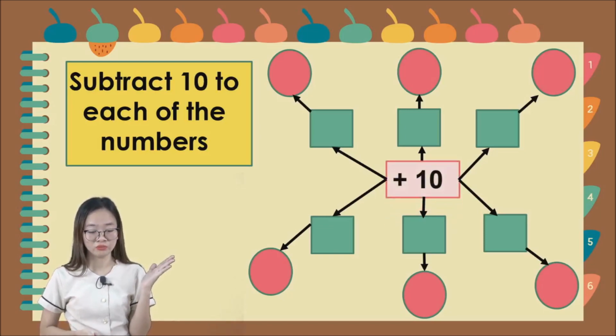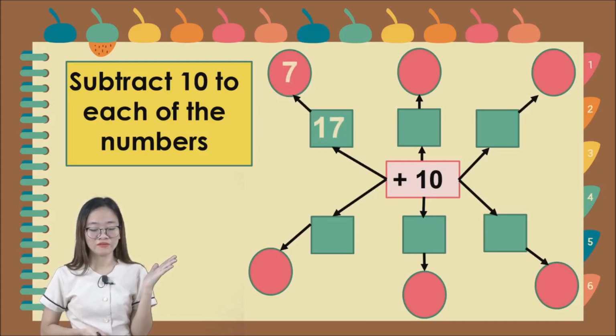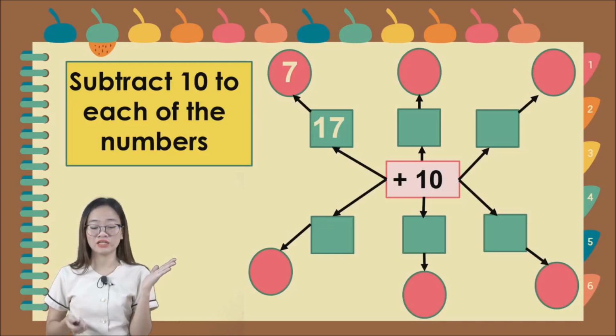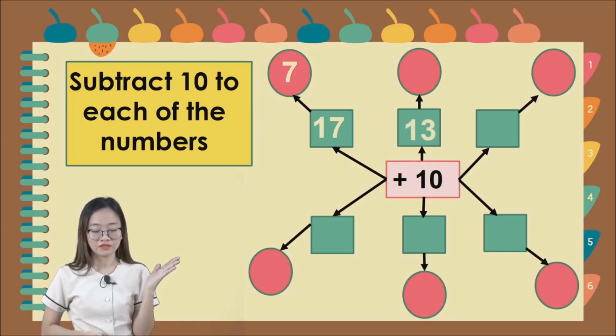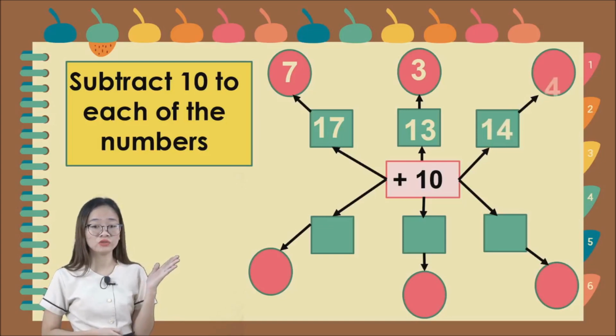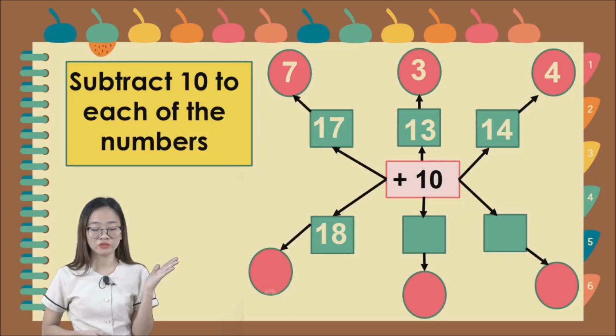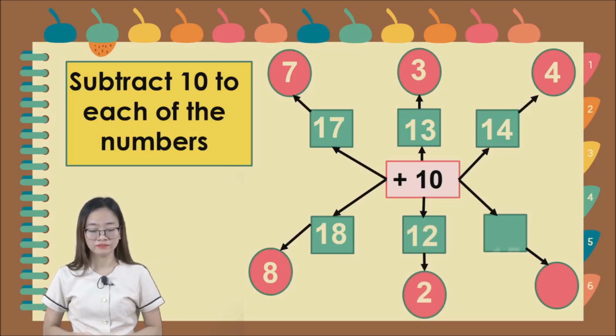This time we need to remove 10. So 17 minus 10 is equal to 7. 13 minus 10 is equal to 3. 14 minus 10 is equal to 4. 18 minus 10 is equal to 8. 12 minus 10 is equal to 2. And 15 minus 10 is equal to 5.